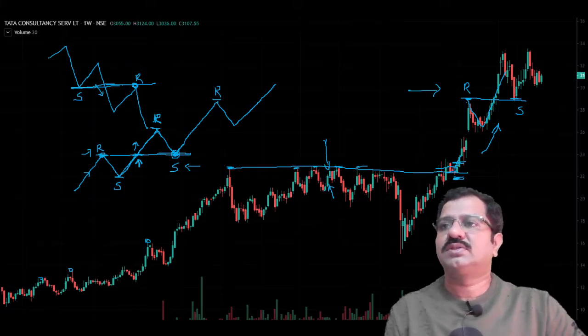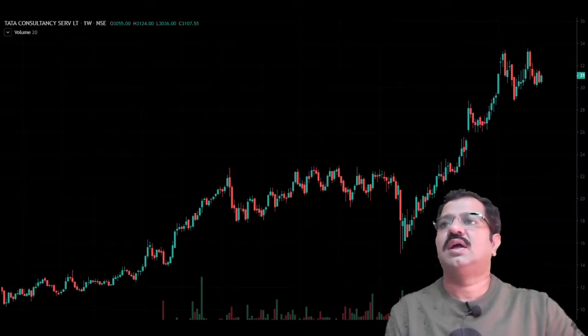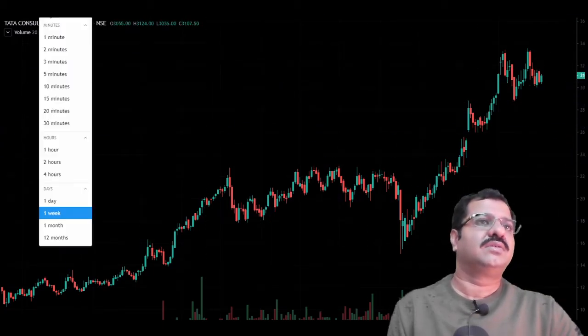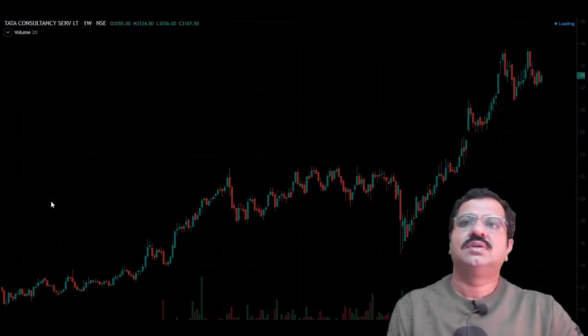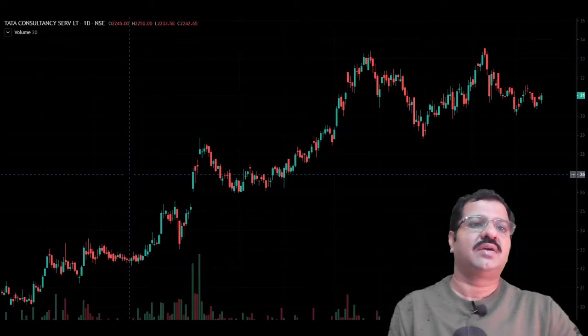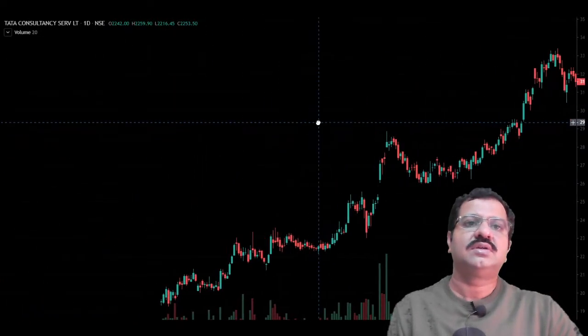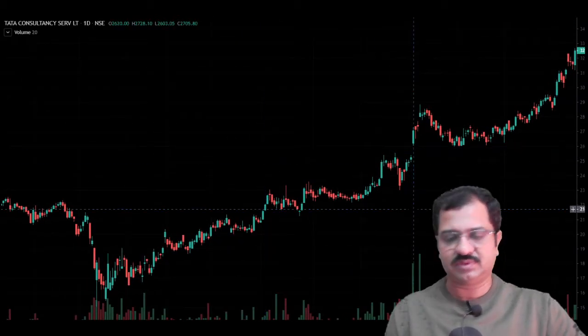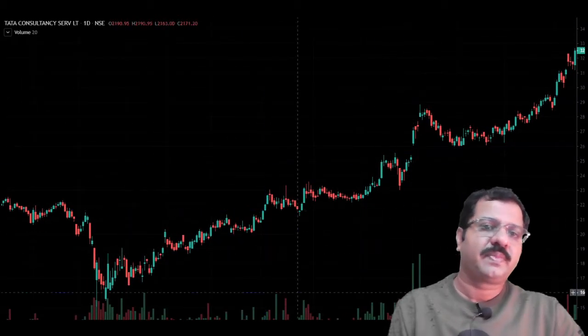Let me clear the screen first. On this chart only I'll go on lower time frame. So I am on the daily time frame chart.